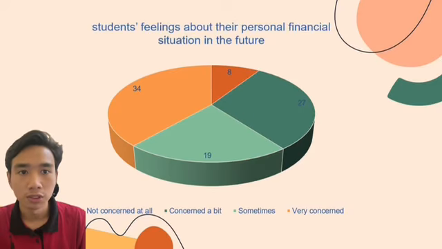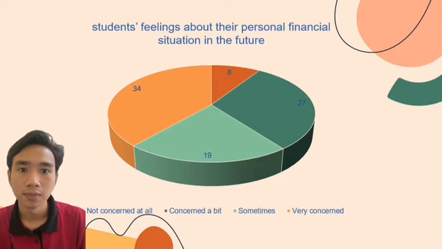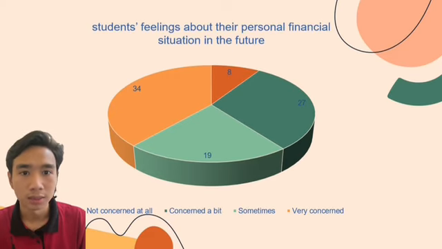This graph shows students' feelings about their personal financial situation in the future. The orange part refers to not concerned at all, the dark green part refers to concerned a bit, the mint green part refers to sometimes, and the yellow part refers to very concerned. The largest part of this graph is very concerned, reaching 34% out of 42 participants.